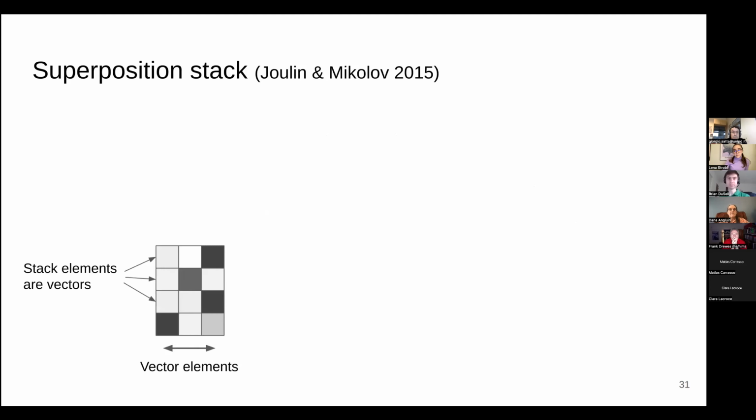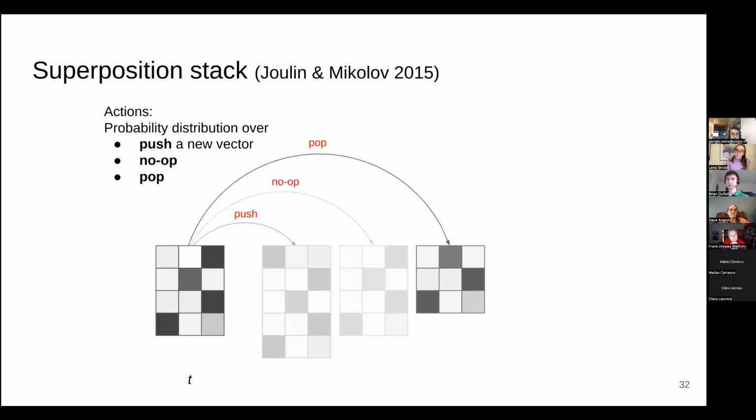Okay, the second type of stack is what we call the superposition stack, by Joulin and Mikolov. Again, the stack elements are vectors, but they don't have that variable thickness from before. In this model, the controller actions include a probability distribution over 3 stack operations, which are push, no-op, and pop. It also includes a pushed vector.